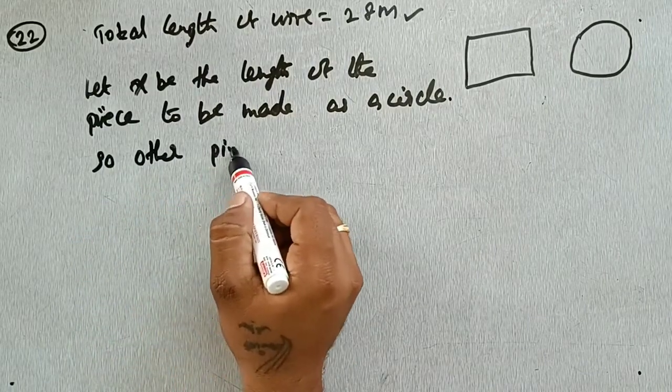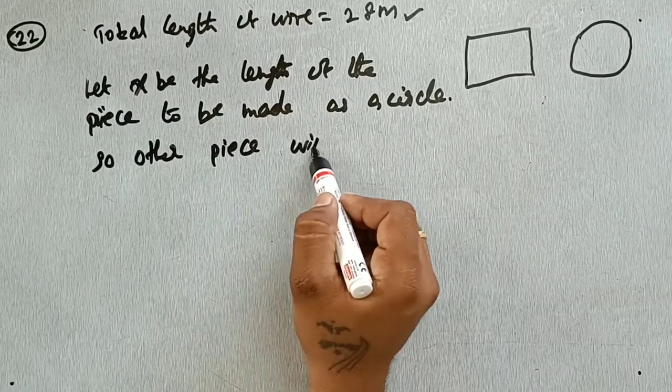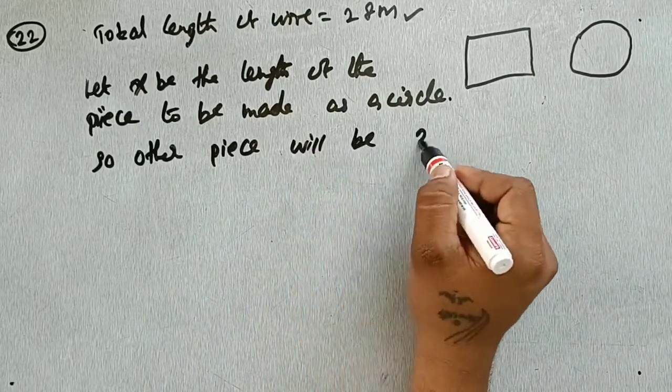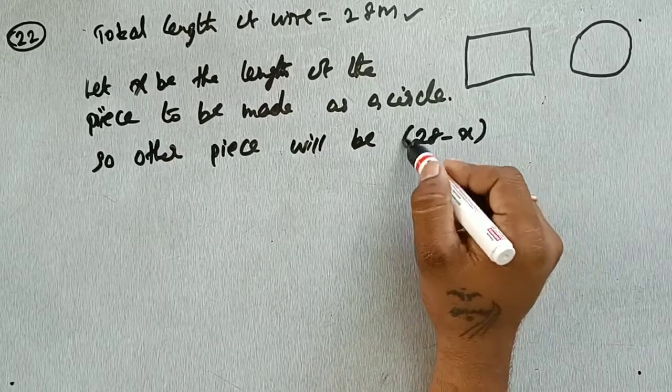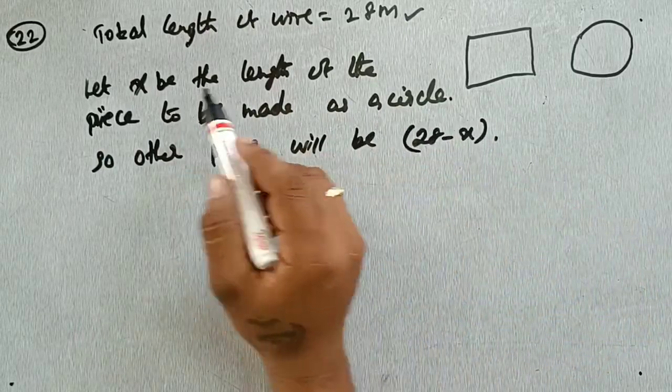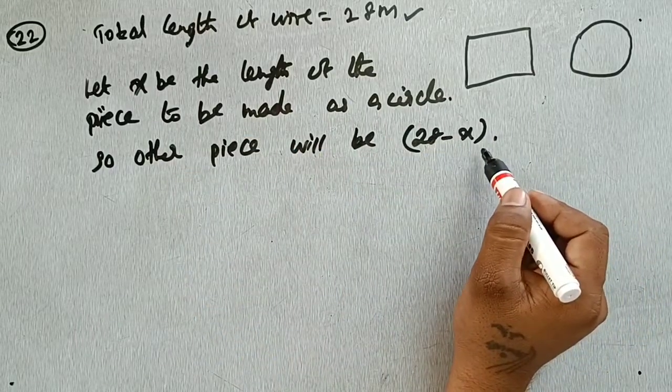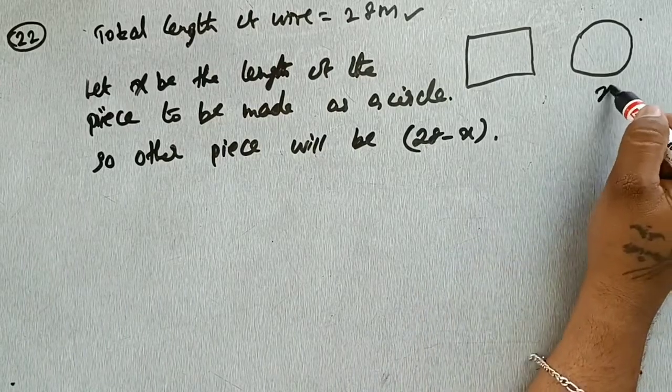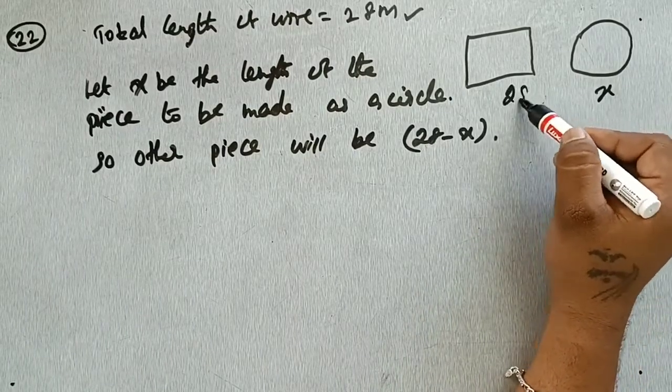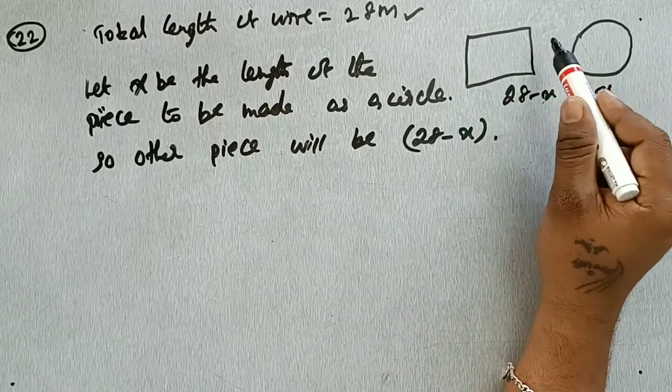So the other piece will be 28 minus x. One piece is x, another piece is 28 minus x. So x is the piece to be made as a circle and 28 minus x is the piece to be made as a square.